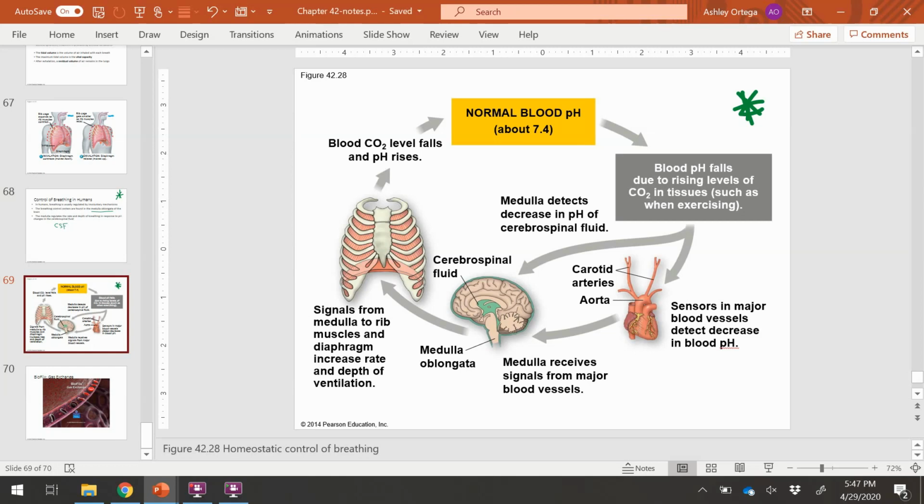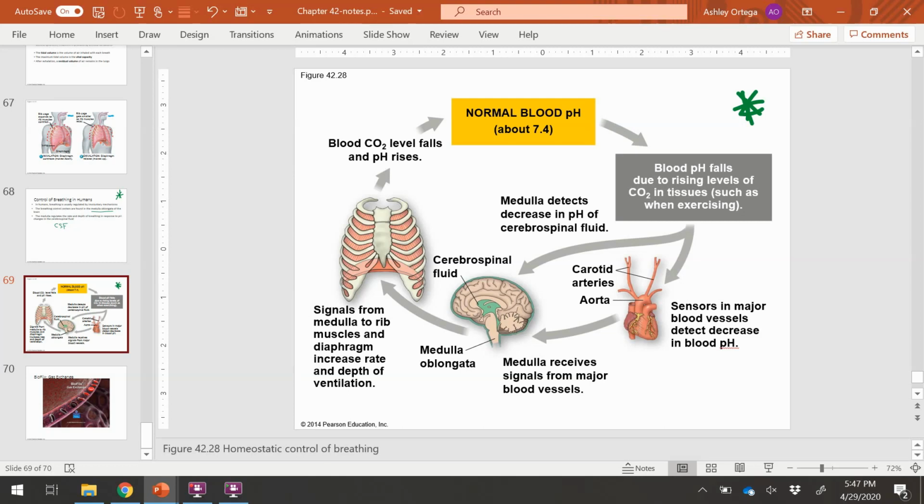That falling level is detected through the cerebral spinal fluid because carbon dioxide can also travel to the CSF from the circulatory system. And so that's detected by the medulla oblongata.